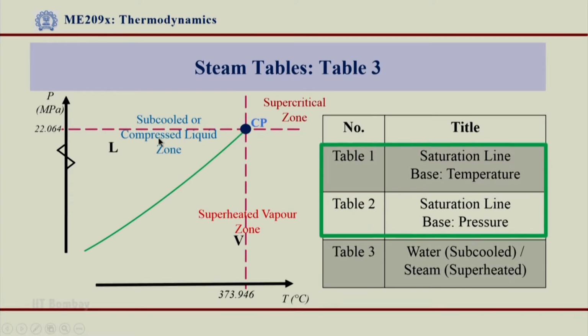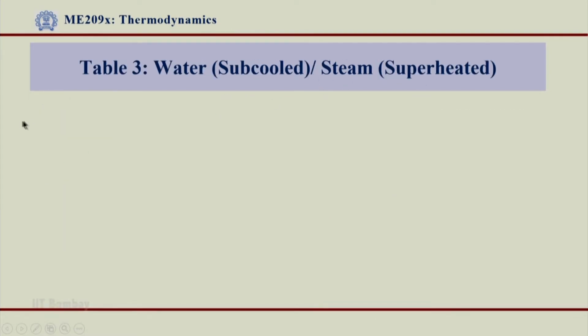But for other zones, for example the subcooled compressed liquid zone, the superheated vapor zone and the supercritical zone, I will get all the properties from table 3. So, for all these, I will have to look for table 3 in the steam table. Let us see one example of the subcooled and superheated zone.